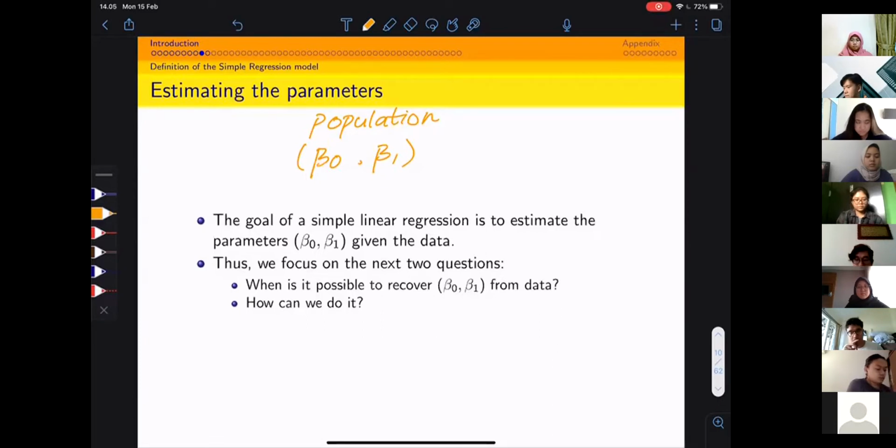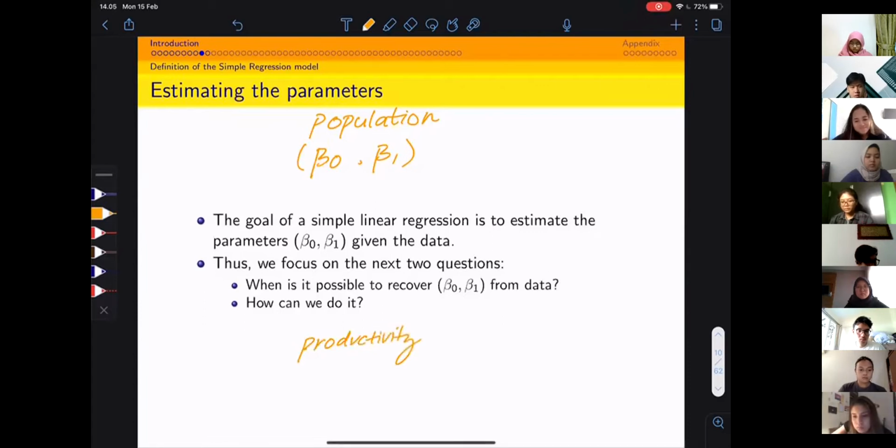Okay, all right. So I'm hearing a lot of interesting feedback from students. So I think we can now move on to try to estimate beta 0 and beta 1 from the data. So for example, the left-hand side is the productivity of individual i, and then beta 0 plus beta 1 times the amount of sleep that the individual gets on average in the past week, for example.